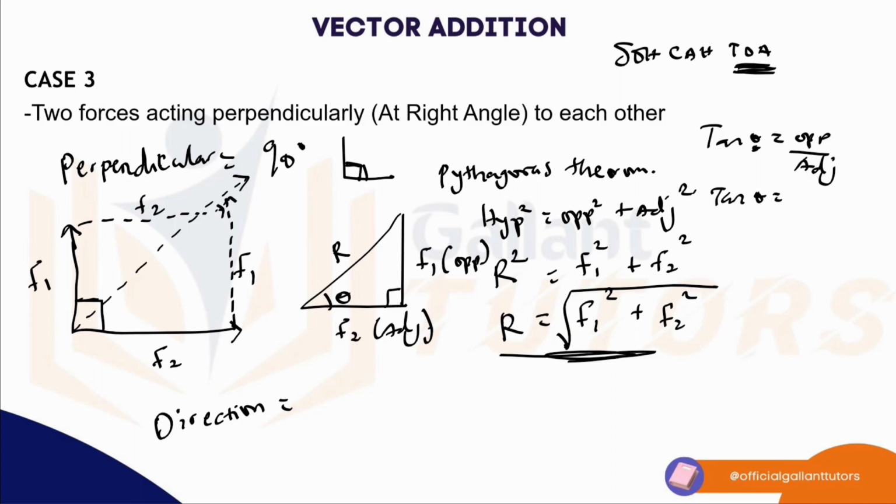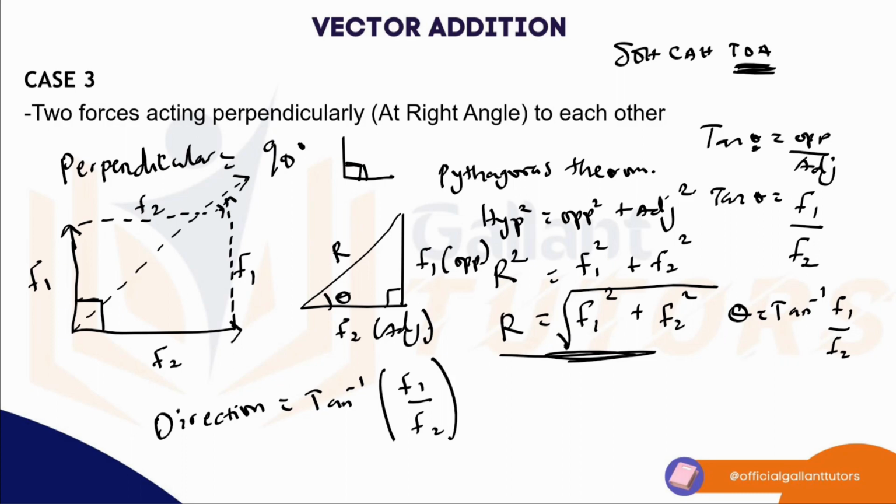What's our opposite? F1. What's our adjacent? F2. Is that clear? Good. So making theta the subject of the formula, we have theta equals tan inverse F1 over F2. So our direction is equal to what? Tan inverse F1 over F2. I hope you know how they came about this.